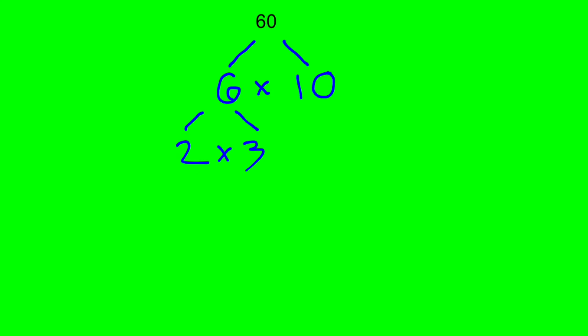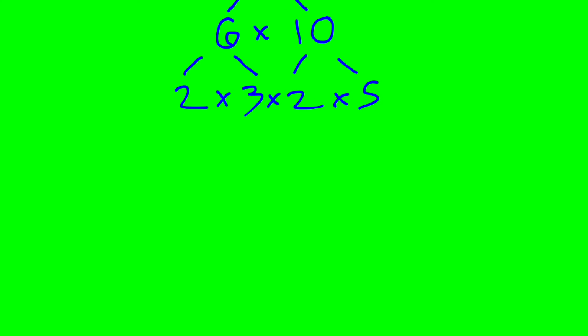Yay! This is prime, and this is prime. 10 can be broken up into 2 times 5. Yay! This is prime, this is prime, this is prime, this is prime.